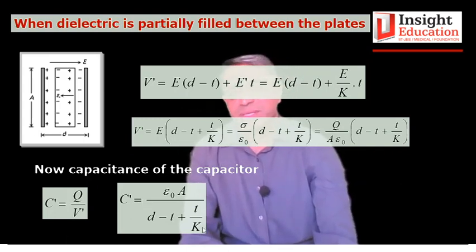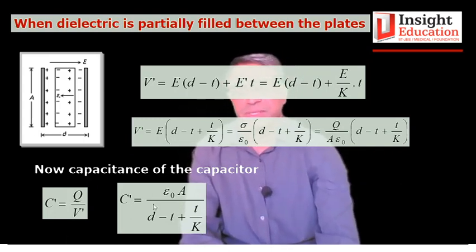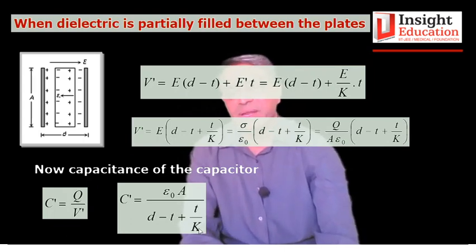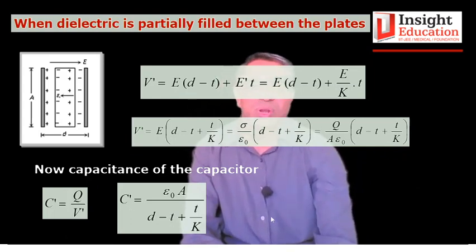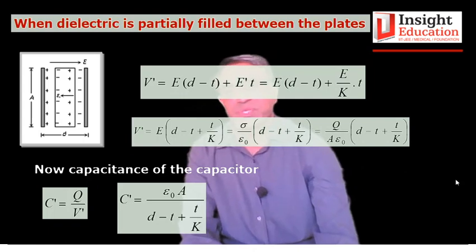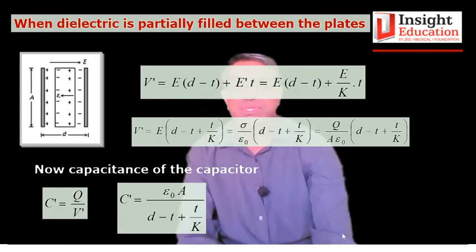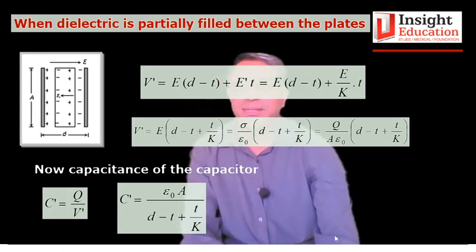So now you can see this new capacitance. In this value, if we consider the thickness term T by K, the value of K is always greater than 1. It means this value, T minus T by K, is always subtracted. It means overall C dash is always greater than C. It means with insertion of dielectric material, capacitance increases, but not K times, it is different from K times.